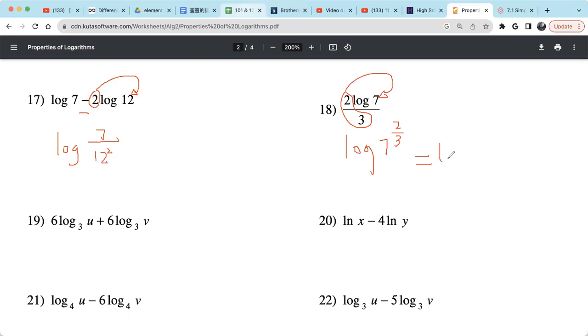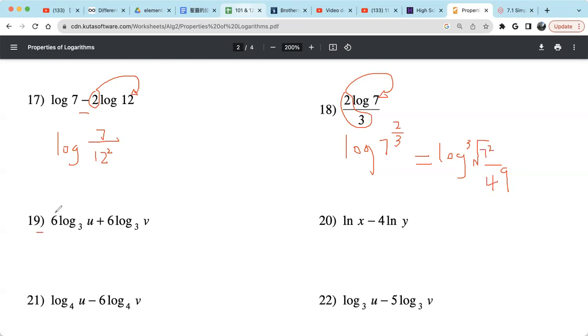So we write as log. The radicand is 7. The index is the denominator, 3. And the numerator is the power. So 7 squared is 49. So we get log cubic root of 49.